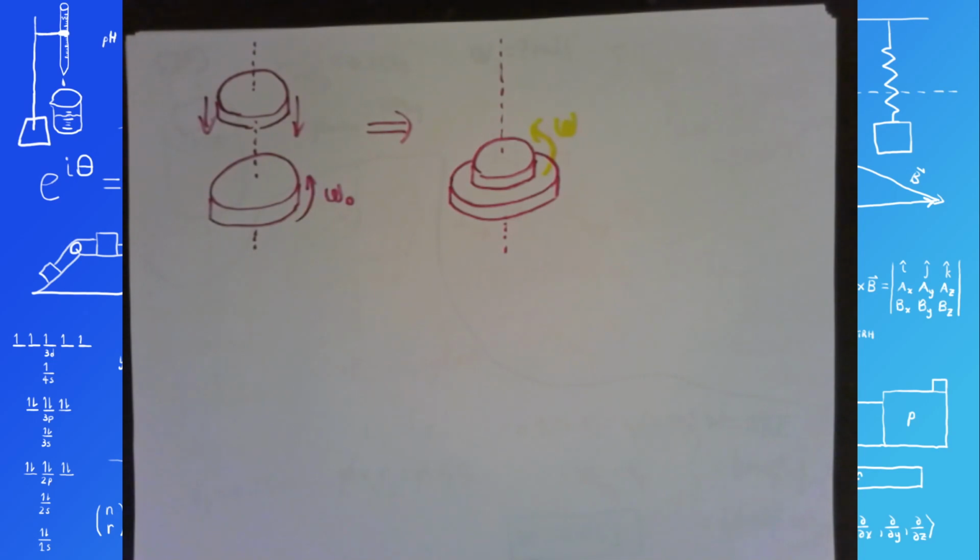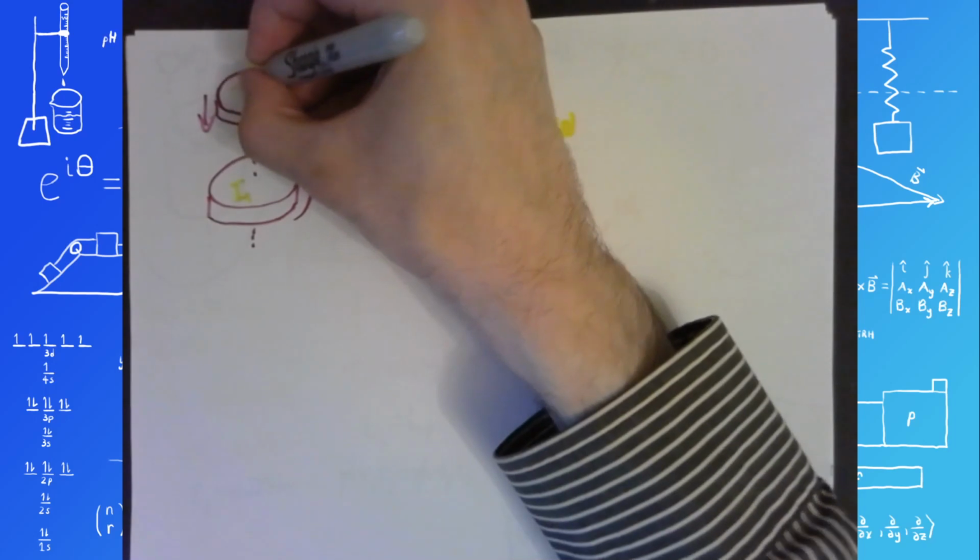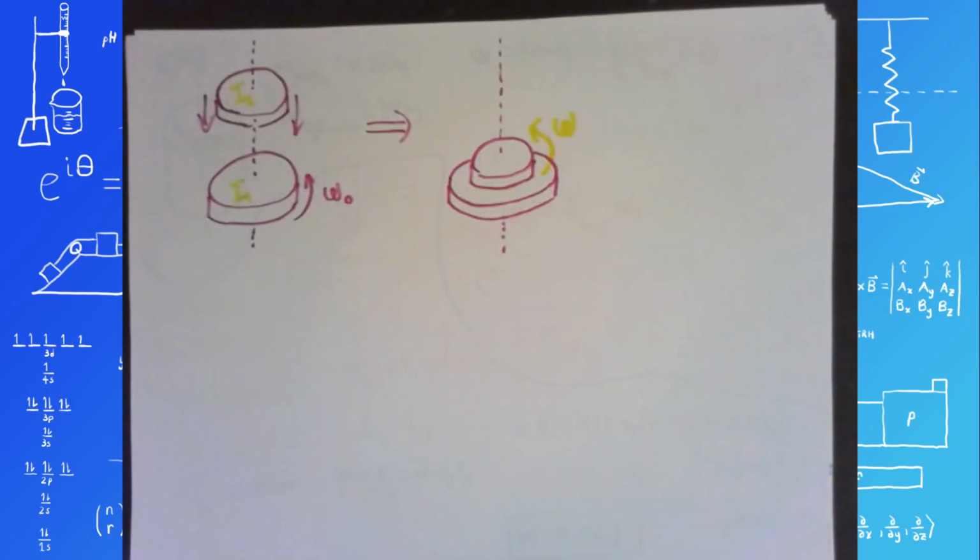All right, so let me reread and see if there's anything else we need to consider here. So this thing has a moment of inertia of I1. This thing has a moment of inertia of I2. Okay, so that's pretty much it. Calculate omega and calculate the ratio of the final kinetic energy to the initial.